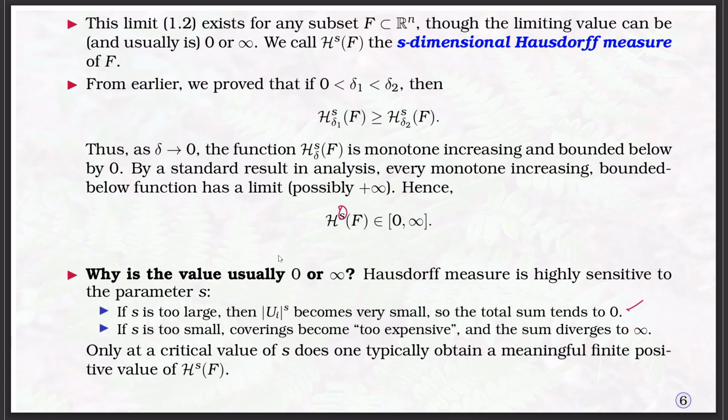If S is too small, the covering becomes too expensive and the sum diverges to infinity. So, only at a critical value of S do we typically obtain a meaningful finite positive value of Hs of F.